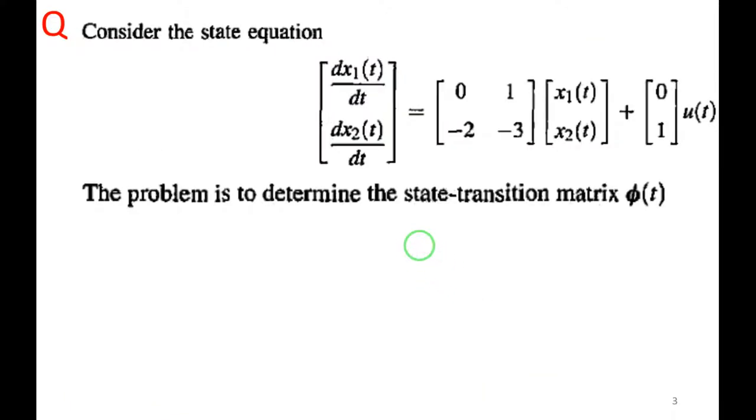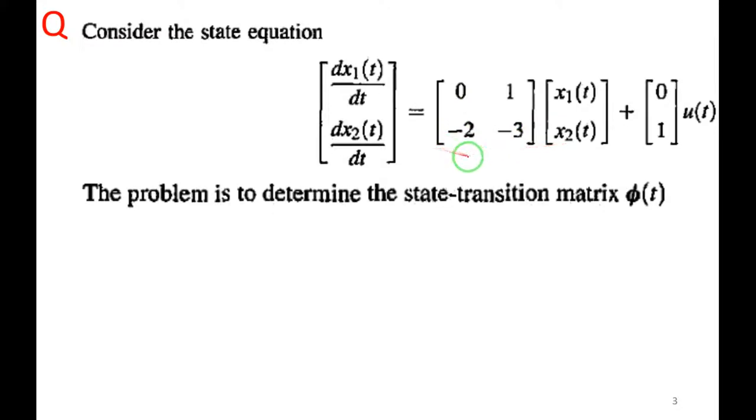If any doubts are there in between, please unmute yourself and talk to me so that I can clarify your doubts immediately. Consider the state equation. It is given: x1 dot means dx1 by dt, x2 dot, and so on.